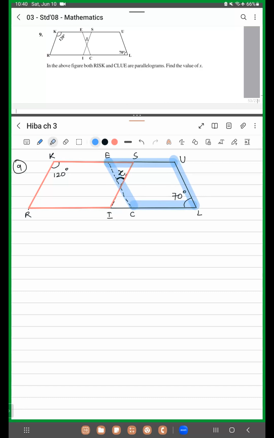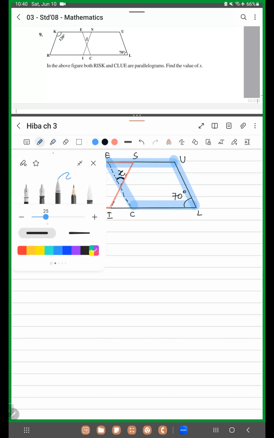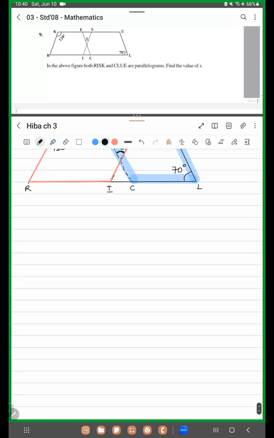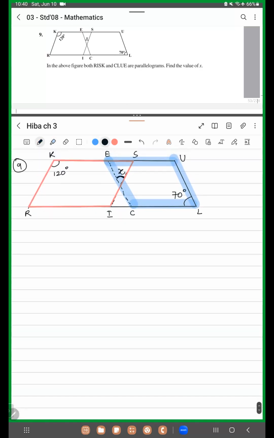So now what do we have to do? We have to find x, right? Okay. Now look at this and tell me what will be this angle?